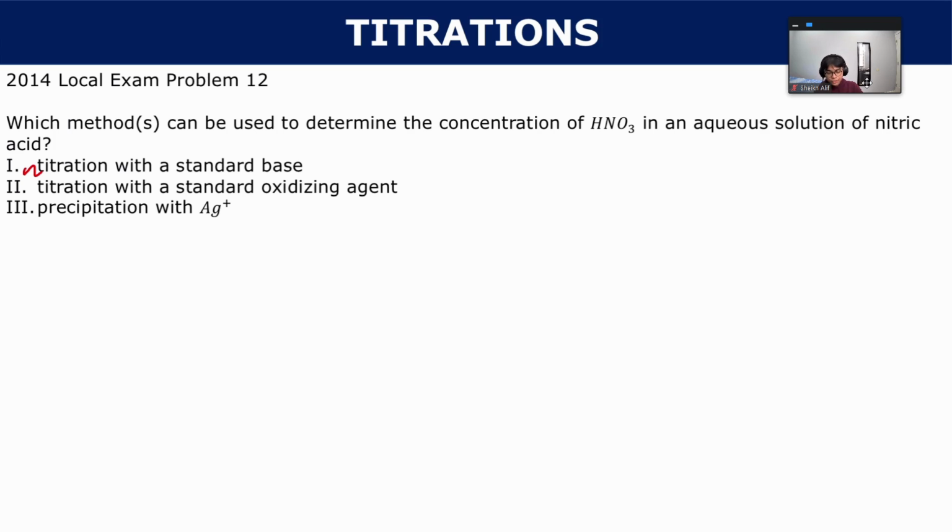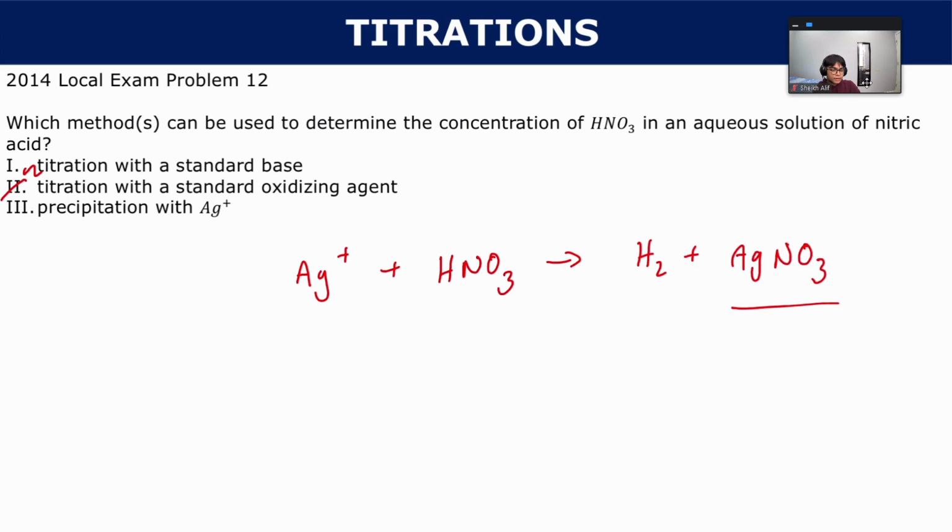2, I'm not sure. Titration with a standard oxidizing agent. HNO3 doesn't have those d-block elements, so likely you're not going to have a redox titration occurring. So 2 cannot be it. And then precipitation with Ag+, we can even try that out. HNO3 would produce H2 plus AgNO3, and AgNO3 is not going to be a precipitate.